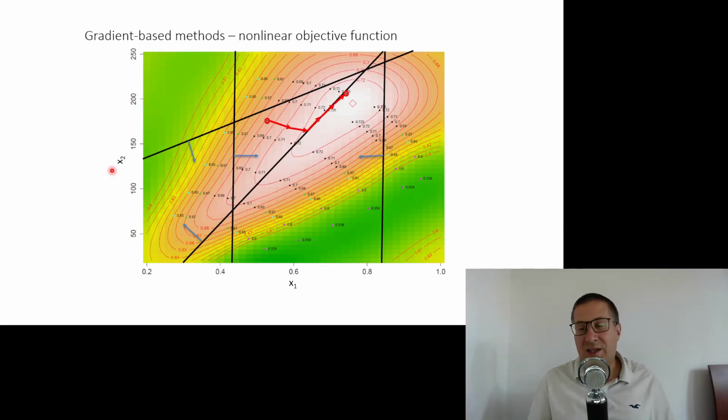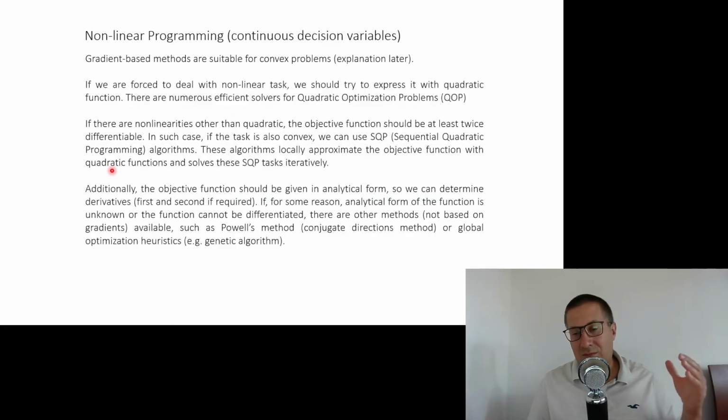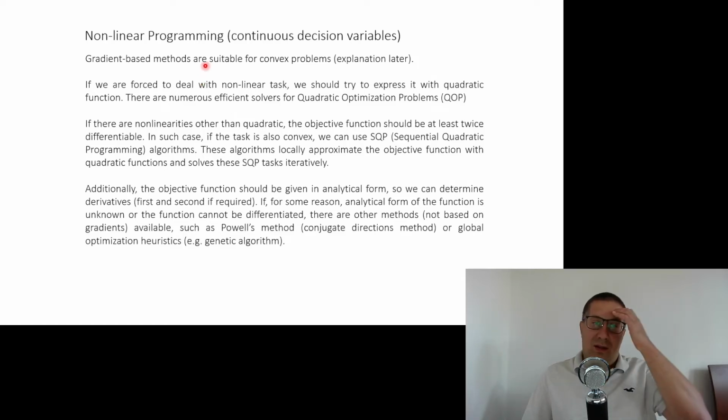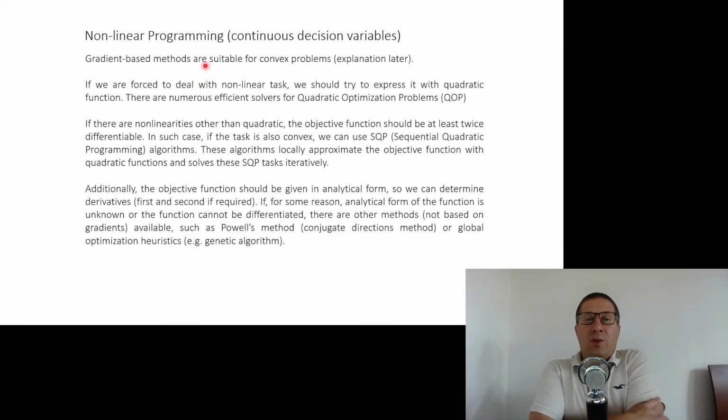But I'm not deciding about if the device is turned on or turned off, or what is the mode of the compressor, serial or parallel, is it one stage or two stage compressor, etc., etc. So if we are forced to deal with nonlinear tasks, and in reality it is generally nonlinear, we should try to express it with quadratic function, because there are many efficient solvers for quadratic optimization problems.